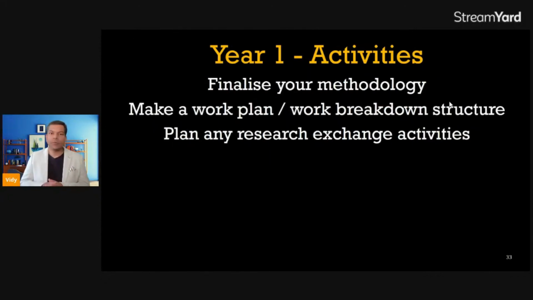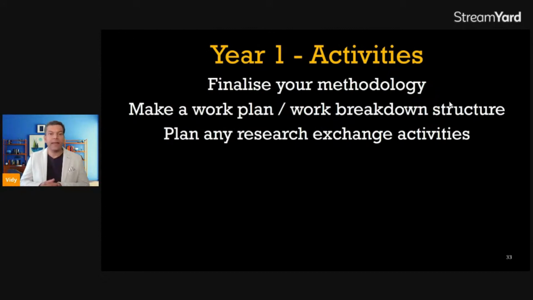You could also aim to finalize your methodology, because if you have your methodology finalized, you can start preparing for any other activities that you need to go along with the methodology. Make a work plan or a work breakdown structure of all the different activities that you want to do in year 1, year 2, and year 3.